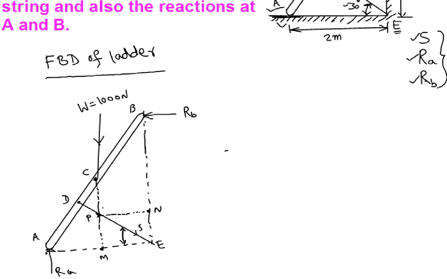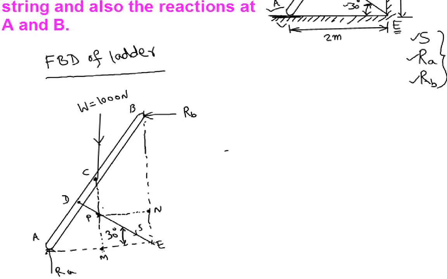When we designate this, very quickly we can see PNEM is a rectangle, so that PM is equal to NE. Further, this angle is given to be 30 degrees here. So very quickly we can see quite a few things.